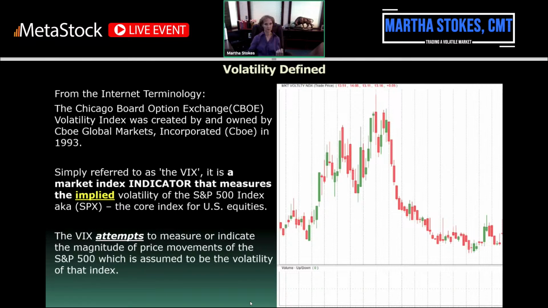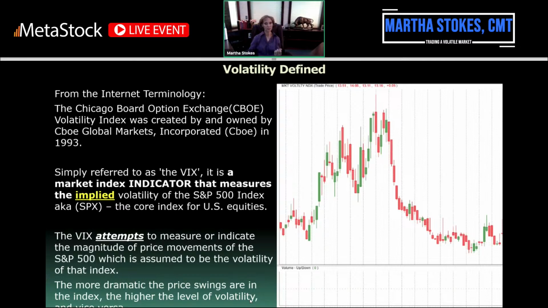This is from the internet. It should really be value movements, not price, but I just took it right off the internet. And the more dramatic the price swings are in the index, the higher the level of volatility, and vice versa.